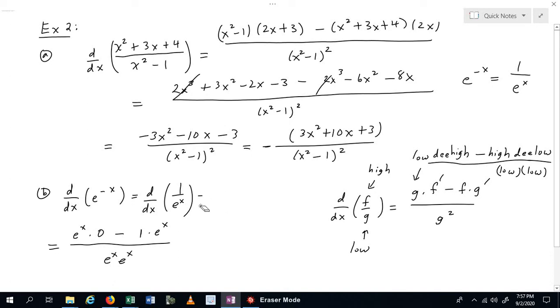That's what you get. Now, since you have the same base, you can add these exponents, and that would just be e to the 2x. And then on top, you get 0 minus e to the x, which is just minus e to the x.